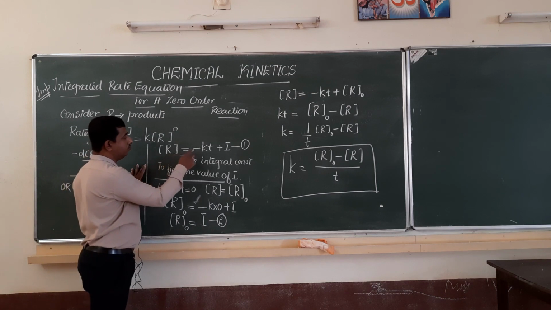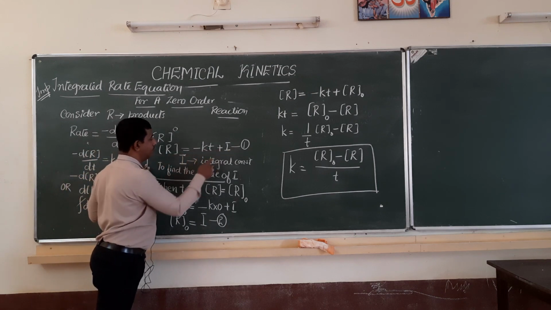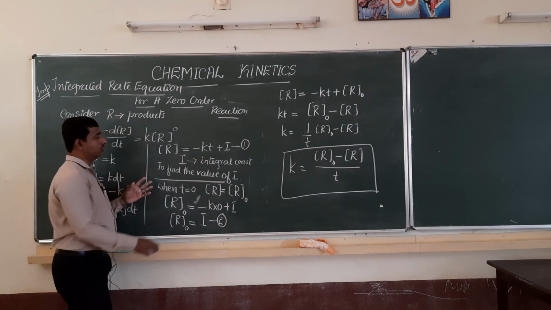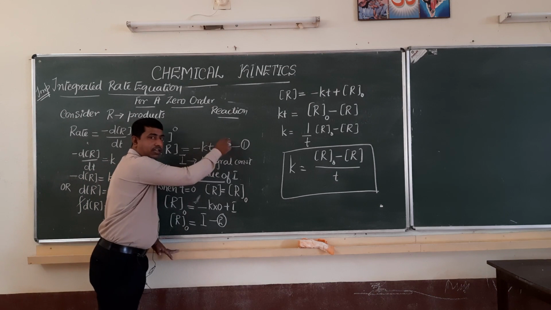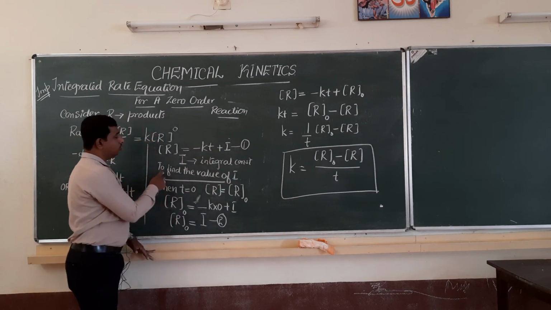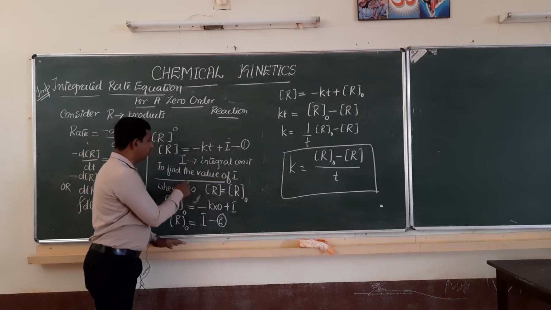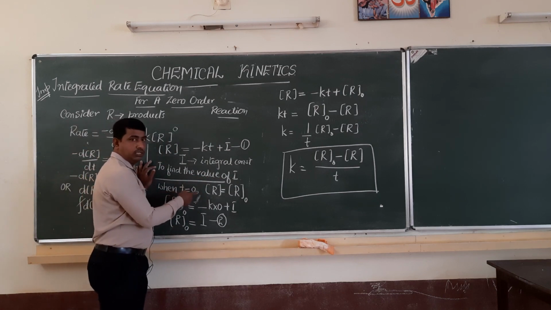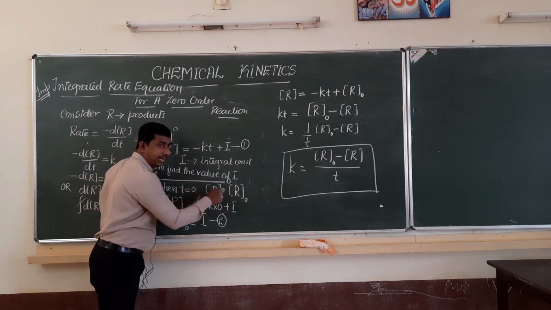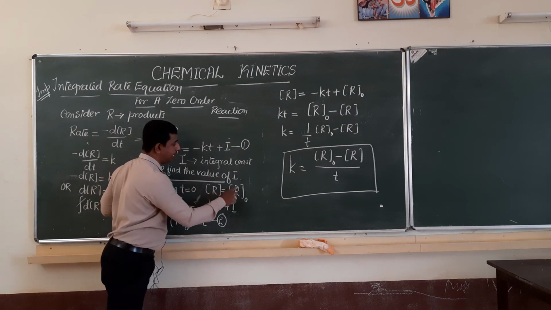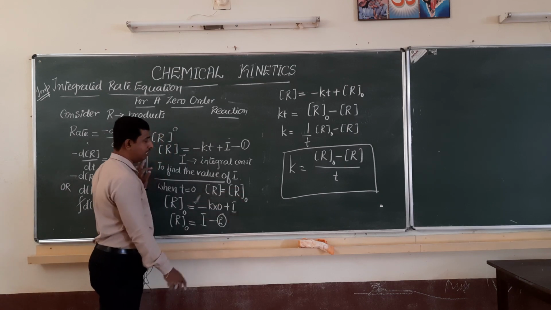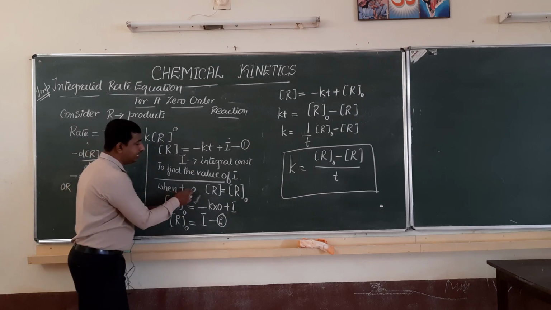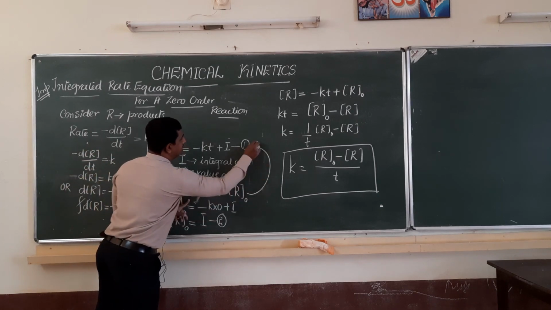So R is equal to minus k into t plus I. What is I? I is the integral constant. Next we have to calculate the value of I. To find it, I will take the initial condition, that is when t equals 0, in the beginning, the concentration of the reactant can be taken as R0.